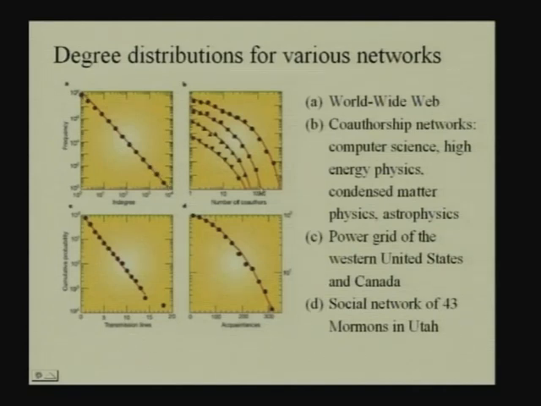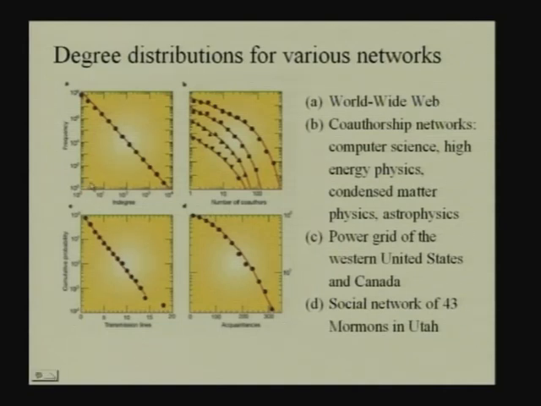This is the degree distribution of co-authorship networks. This is the degree distribution of the power grid of Western United States and Canada, which power grid has how many transmission lines. And this is a very obscure data, but the social network of 43 Mormons in Utah. This is an Indian tribe, a collection of tribe, and who networks with whom is given.